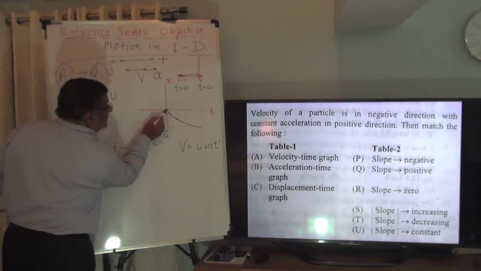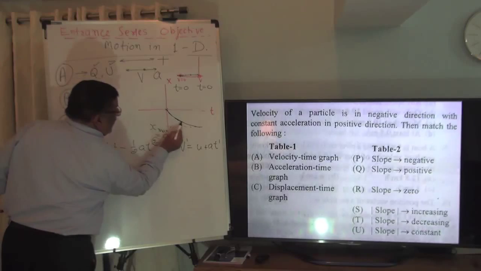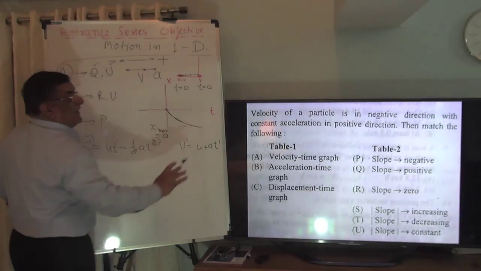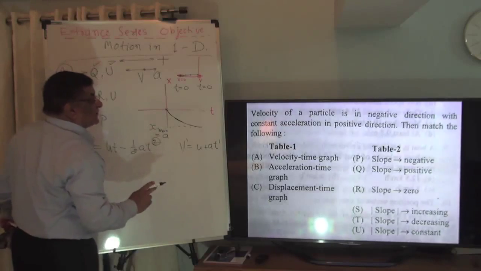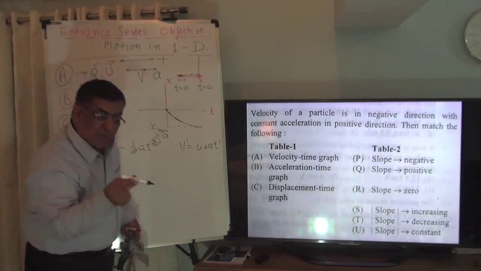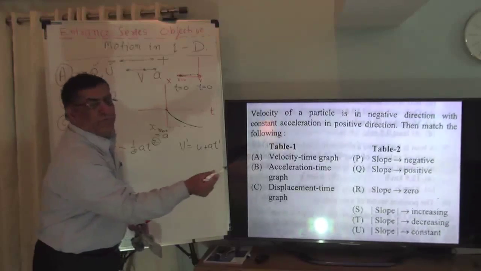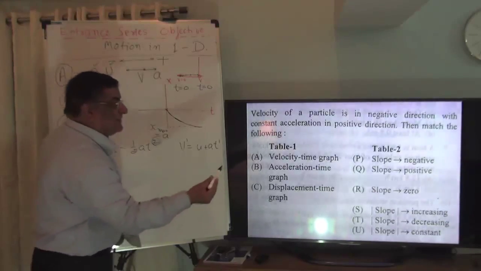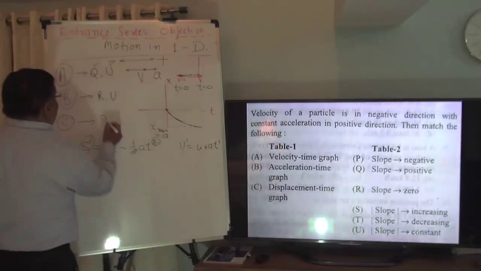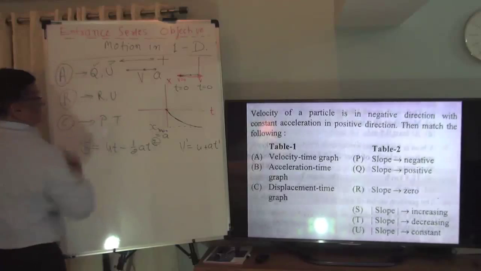Here the slope is more, then the slope becomes less, then less, and then no slope. So what is happening to the slope? The slope is decreasing. Large slope, smaller slope, no slope. So the slope is decreasing, and that will give the option T.